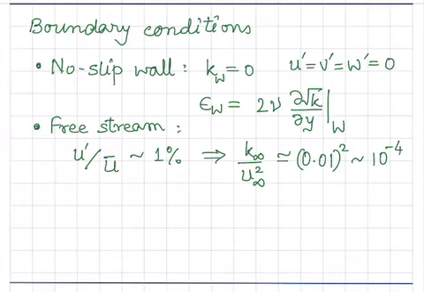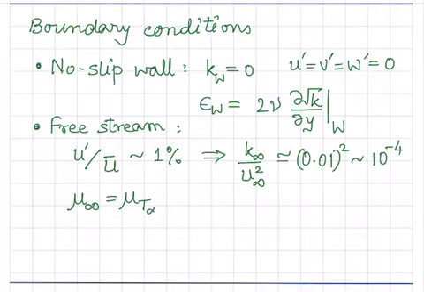Getting epsilon infinity, or the value of epsilon in free stream, is actually much harder. It turns out that there's no way to really get it reliably or measure it very easily. So one trick that people use is that we say mu infinity, which is the value of viscosity in the free stream flow, viscosity of, let's say, air.